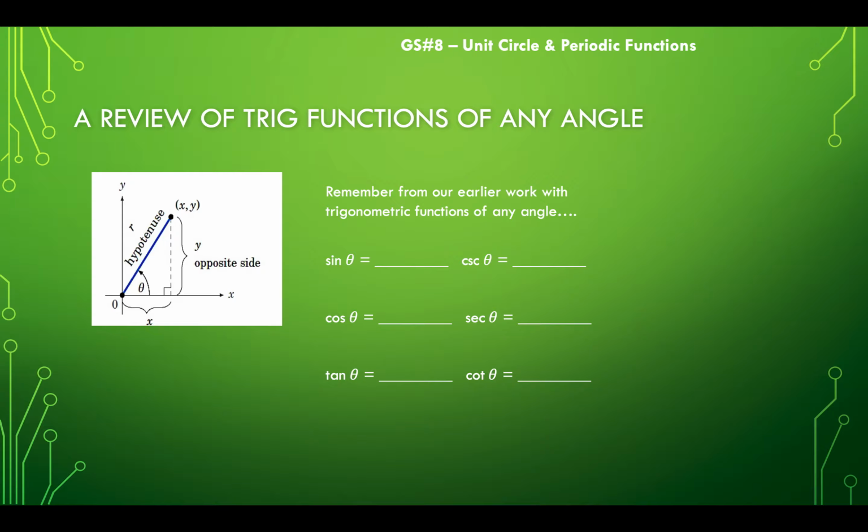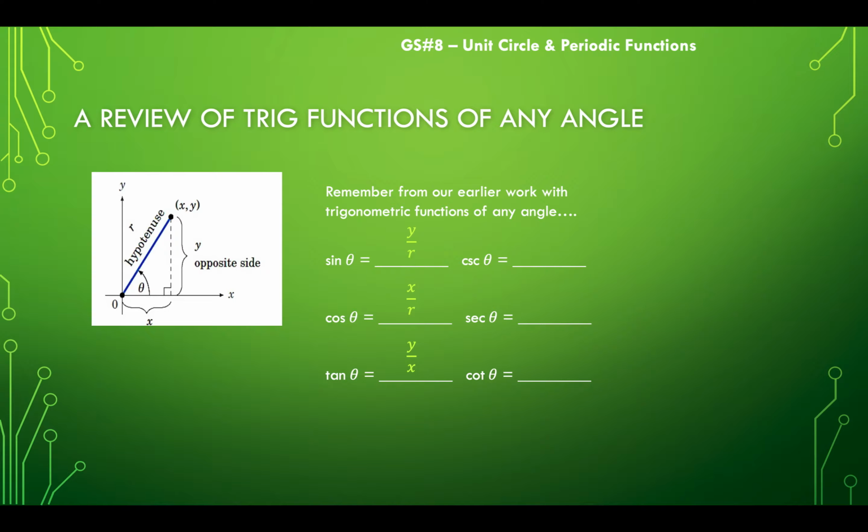We defined those to be: sine of theta is y, the opposite, over r, which is the hypotenuse. Cosine of theta is x, the adjacent side, over r, the hypotenuse. Tangent of theta is y over x, also known as opposite over adjacent.